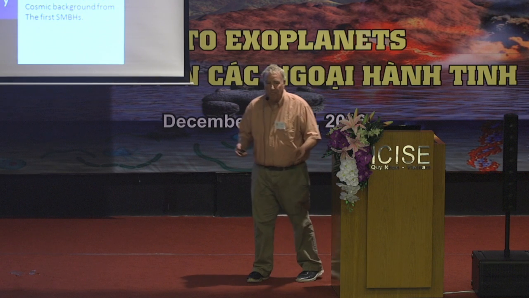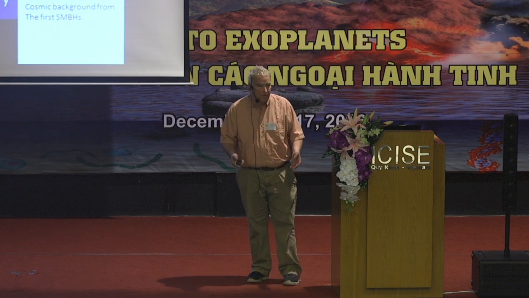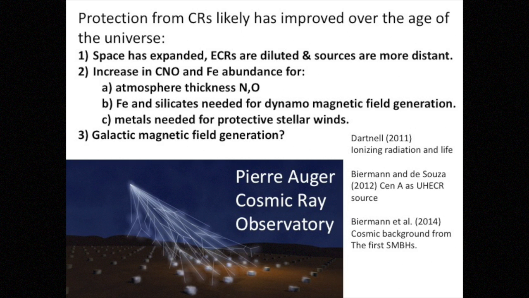Not only that, the protection has improved. We have ways to protect the Earth from the cosmic rays, and the increase in the carbon, nitrogen, oxygen elements and iron abundances have provided planets with atmospheres, or the potential to have atmospheres that are thick.